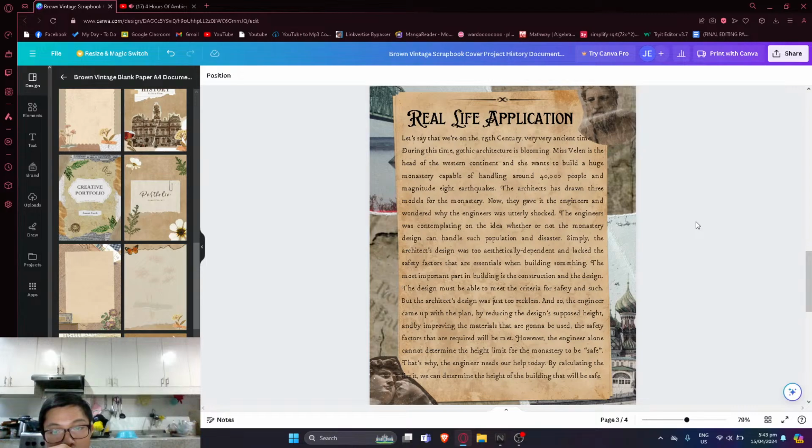By reducing the design's supposed height, and by improving the materials that are going to be used, the safety factors that are required will be met. However, the engineer alone cannot determine the height limit for the monastery to be safe. That's why the engineer needs our help today. By calculating the limit, we can determine the height of the building that will be safe.